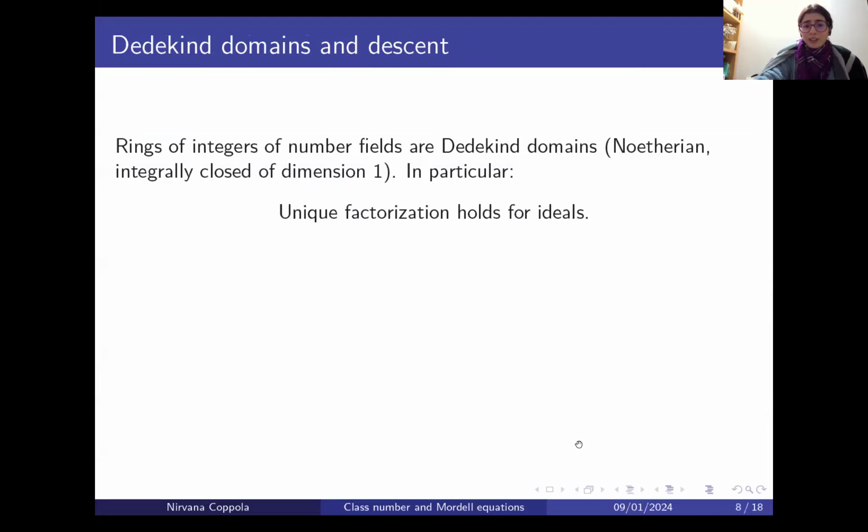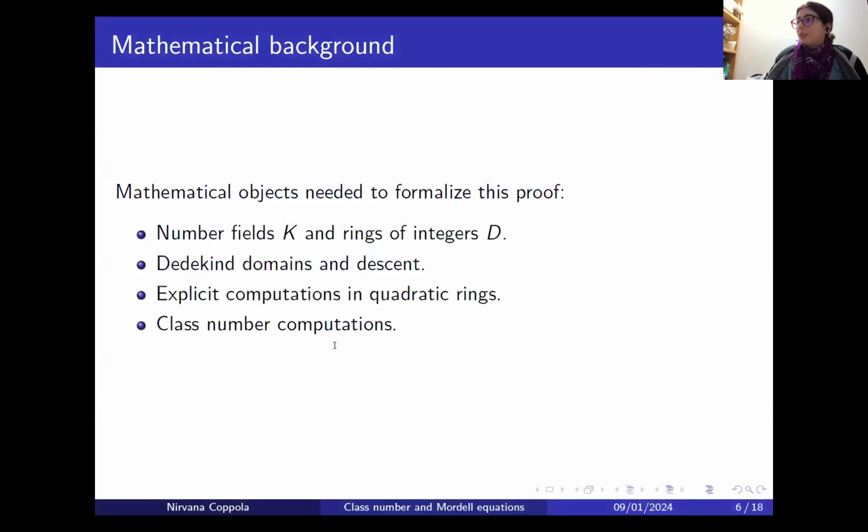Okay, why all this fuss? Because rings of integers are what mathematicians call Dedekind domains, and what we care about is that we can do unique factorization, not necessarily between the elements inside these rings, but we can do that for the ideals. So we can do something like what I wrote here.